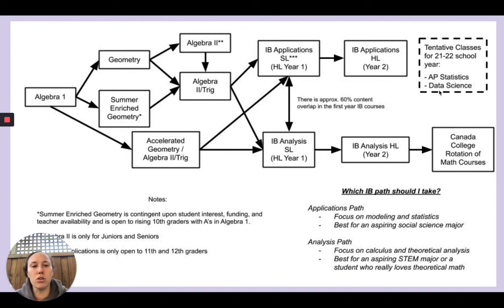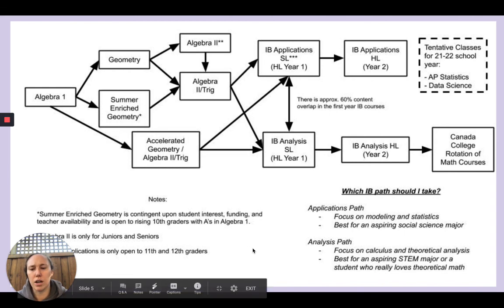And we are also investigating the idea of bringing a data science class for next year that would be basically an alternative to taking an IB class. It would be a class that students take after Algebra 2 or Algebra 2 with trig. And that is just giving our students an alternative to taking an IB class for their senior year.